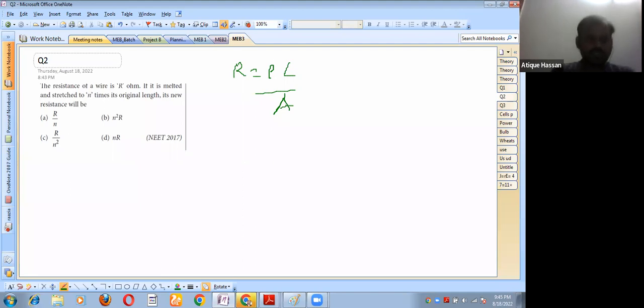Question says the resistance of a wire is R0. It is melted and stretched to n times its original length. We have to find the new resistance.